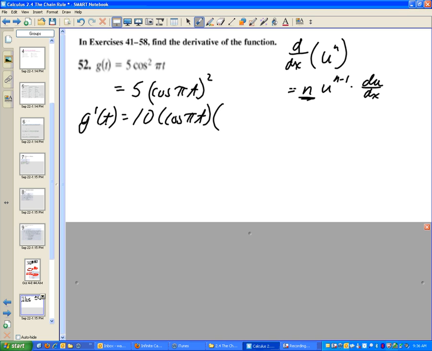All the rest of this is the derivative of u. That's our first u. So now I've got to take the derivative of the cosine of pi t. According to what we learned yesterday, the derivative of the cosine of pi t will be negative sine of pi t times the derivative of pi t, which is pi.